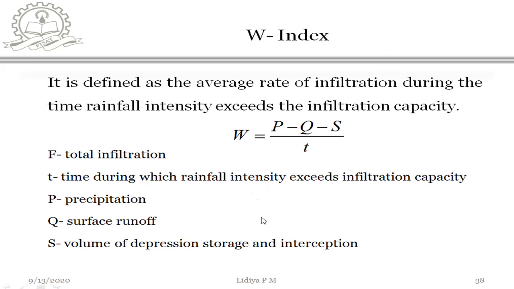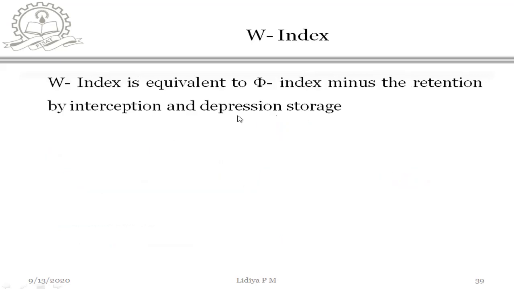So this is about the W index. W index represents the infiltration rate and phi index represents all the losses. So the W index is equivalent to the phi index minus retention by interception and depression storage.